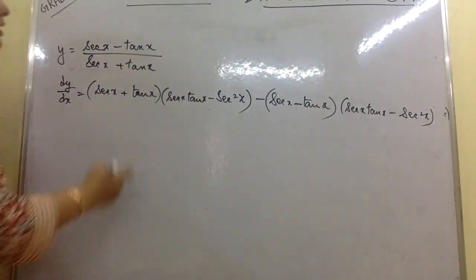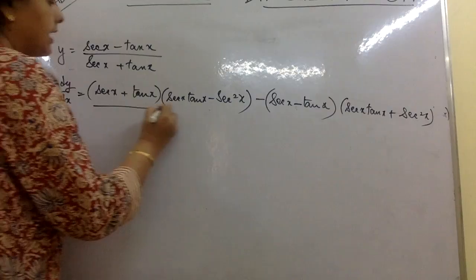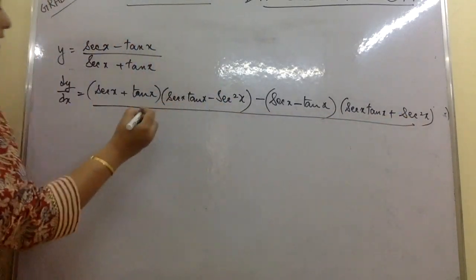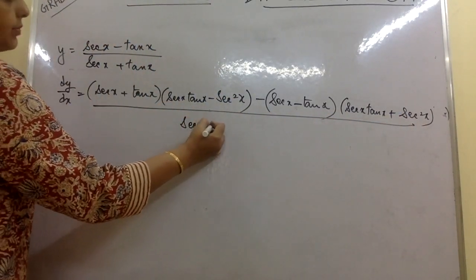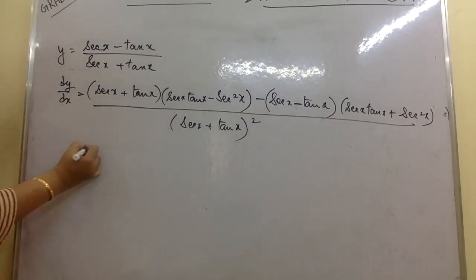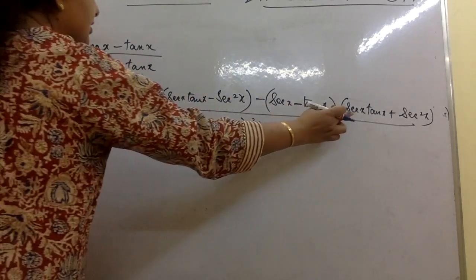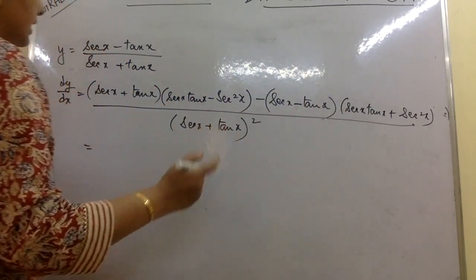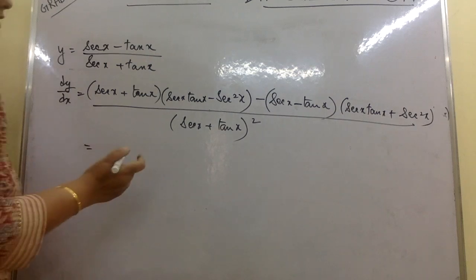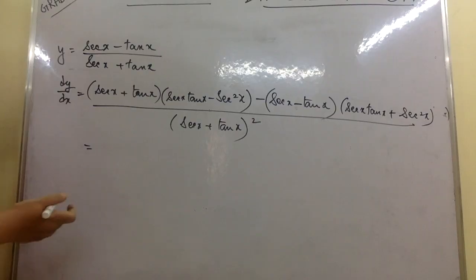We are differentiating this, so plus, okay, and by sec x plus tan x whole square, which is equal to, we can do something, we can take a sec x common from here. Okay, if we take a sec x common, then, and we can take a sec x common from here.